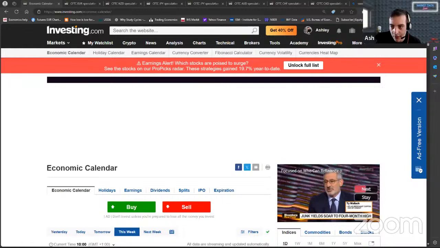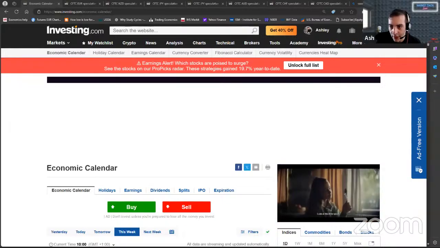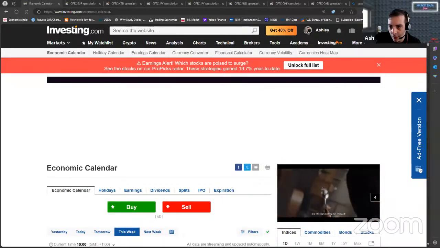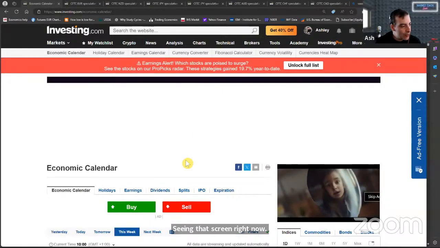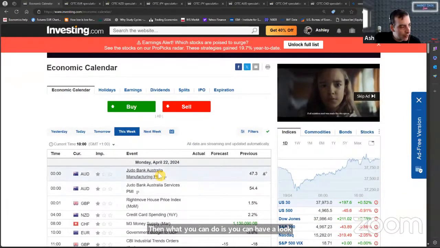If you go to investing.com, which I'm hoping you're seeing on your screen right now, you can have a look down at the calendar.